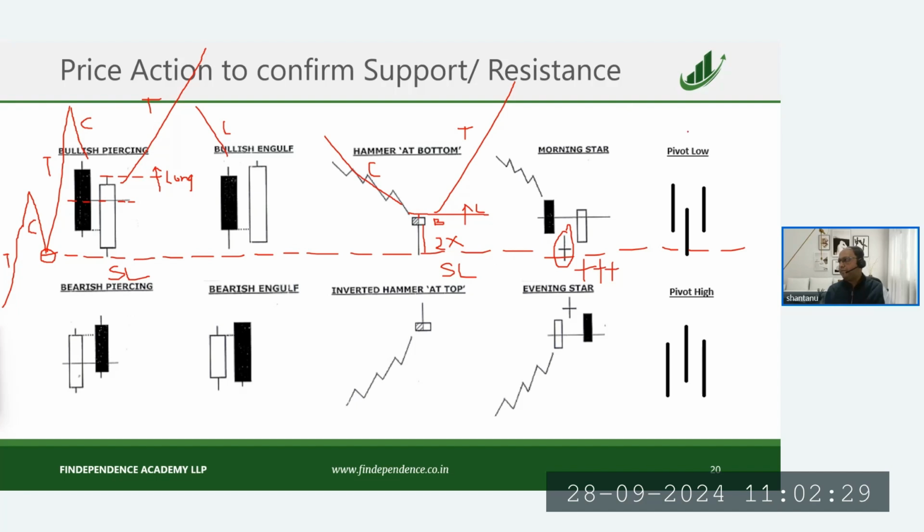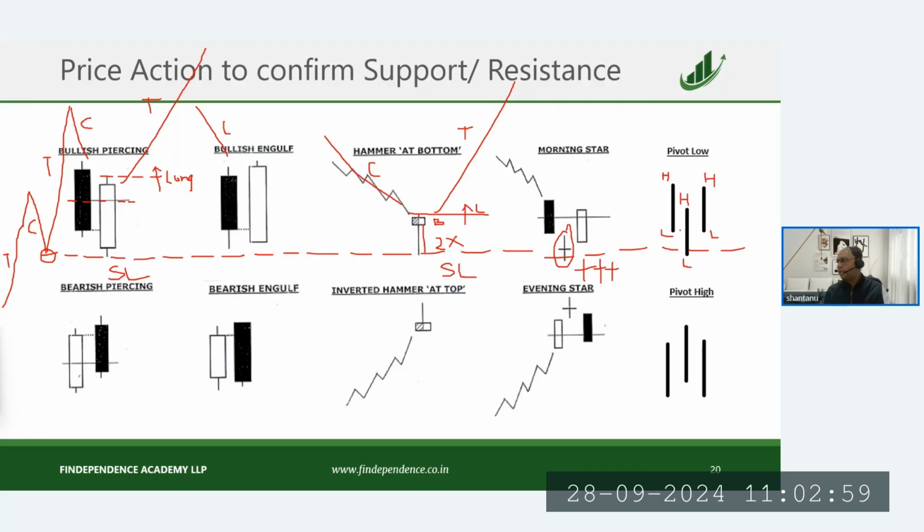Okay. And then there is one more type of pattern which I call pivot low. Now here you won't be looking at the candle at all. You will be just looking at their high and low. So you won't be looking at whether the candle is green or red. You just are looking at the high and low of candles.